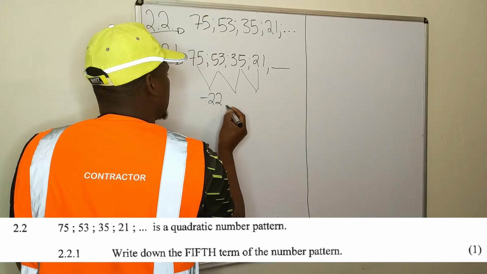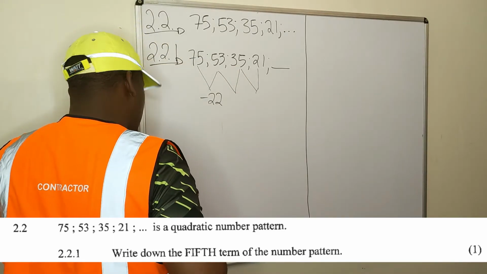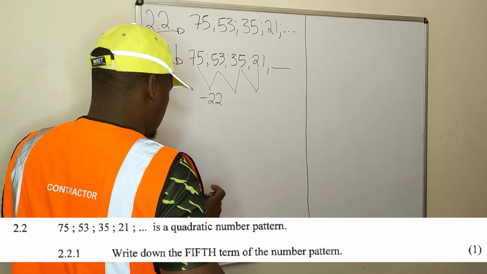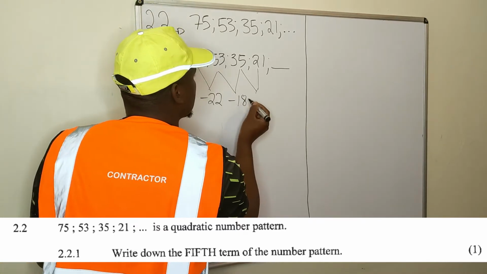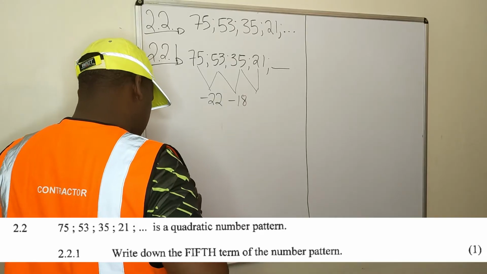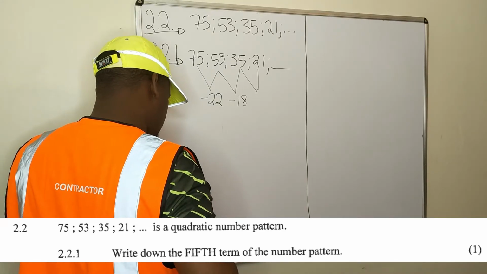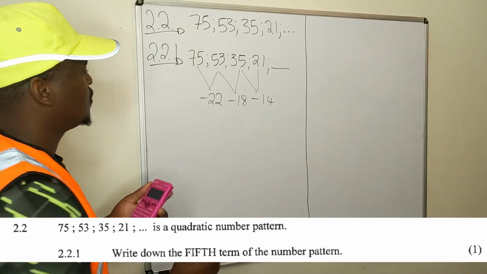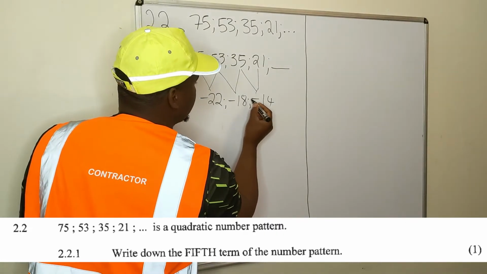Then 35 minus 53 is minus 18. Then 21 minus 35 is minus 14. So these are your differences.